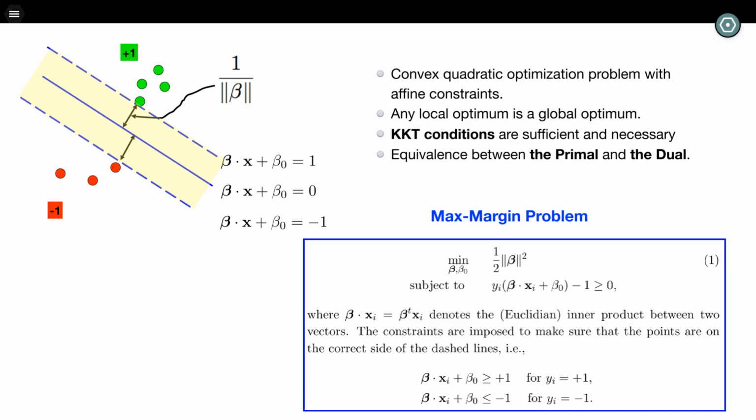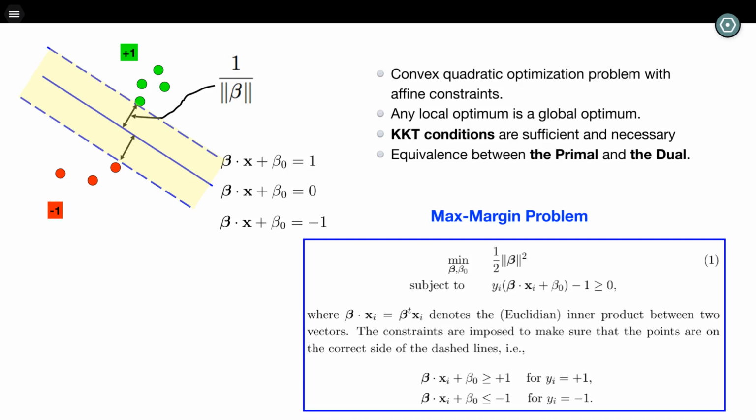We want to maximize 1 over the norm, which is equivalent to minimizing the norm, and equivalent to minimizing the norm squared, and equivalent to minimizing half of the norm squared. So that's the function we want to optimize, subject to the constraints, because the problem is formulated in a way that the two groups of points are well separated on the correct side of the two dashed lines.